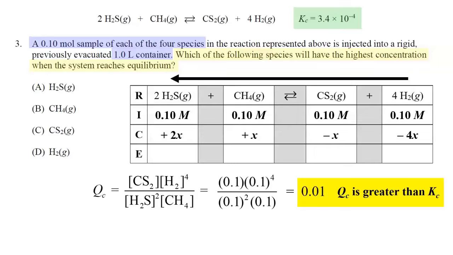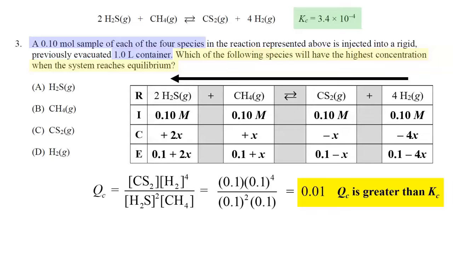Now, at equilibrium, the concentration of each substance from left to right in this table will be 0.1 plus 2x, 0.1 plus x, 0.1 minus x, and then 0.1 minus 4x. And now that we've filled in the final row of the RICE table, we can officially answer question 3. So the question says, which of the following species will have the highest concentration when the system reaches equilibrium?